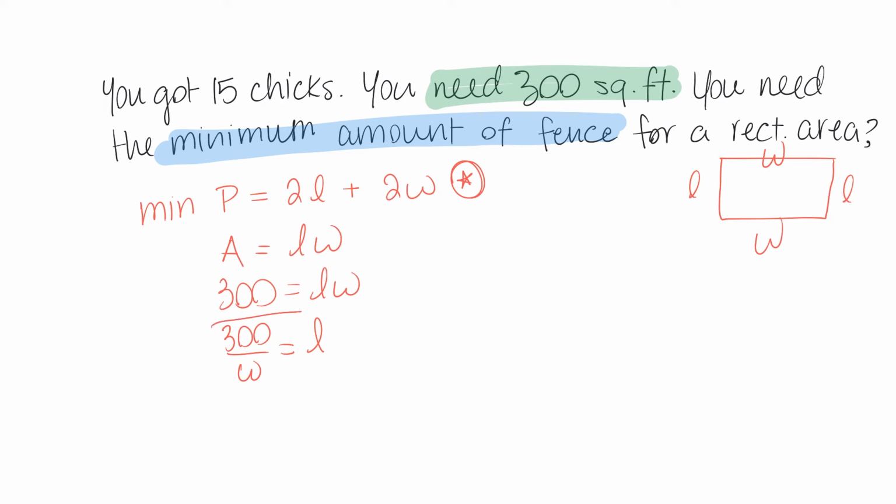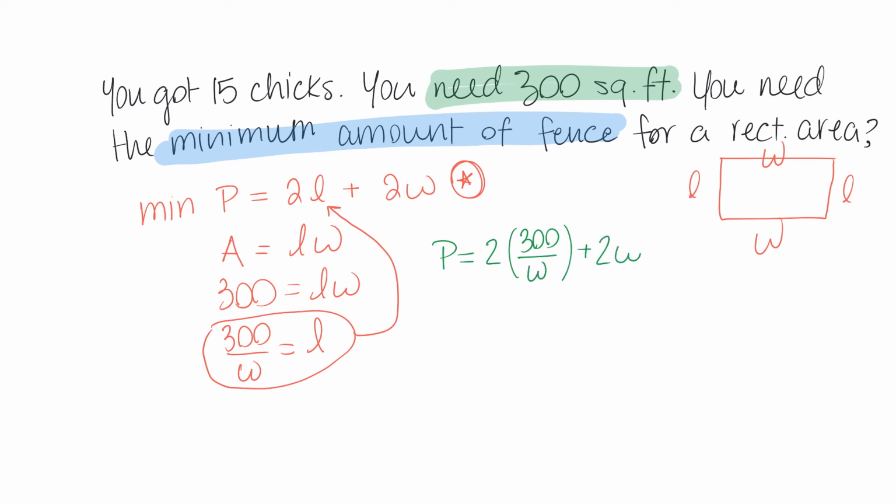Okay, so I'm going to take that and I'm going to substitute it into here. All right, so I'm going to say P equals 2L. Well, L is 300 divided by W, plus 2W. And then I'm going to take the derivative of this because I need to know the optimum measurements.